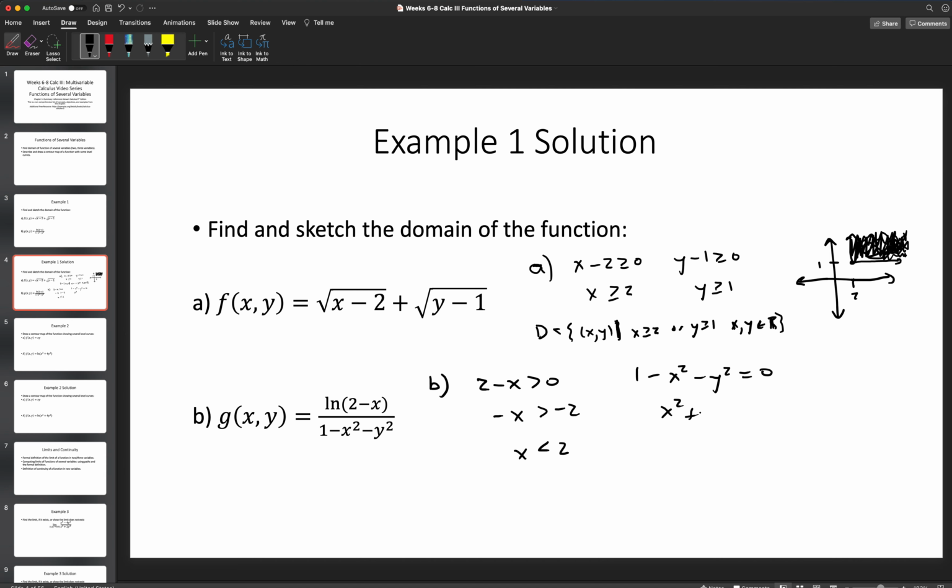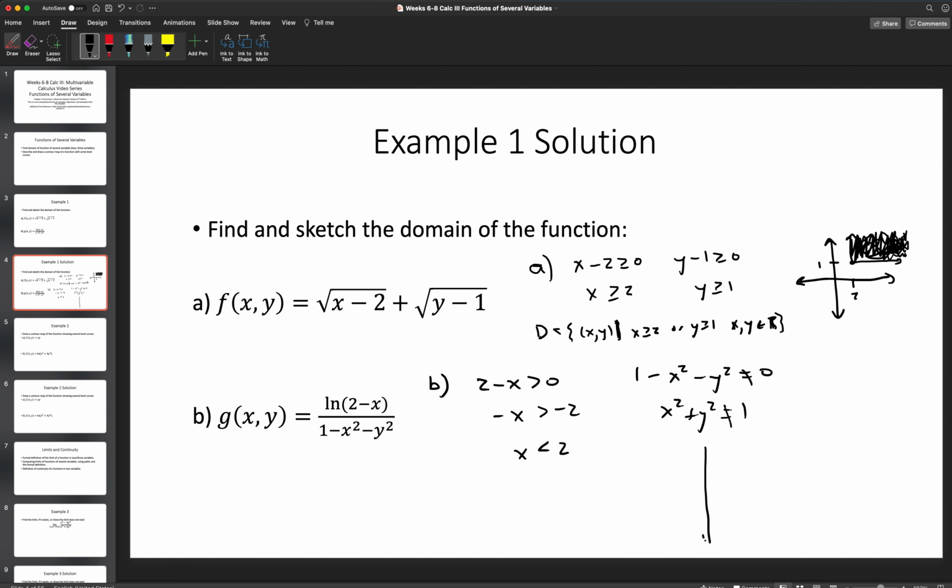So it's whenever x squared plus y squared is 1. Now, we know that x squared plus y squared cannot be equal to 1, right? This is just a circle in the plane. So we have to have that x is less than 2, and that x squared plus y squared is not equal to 1.